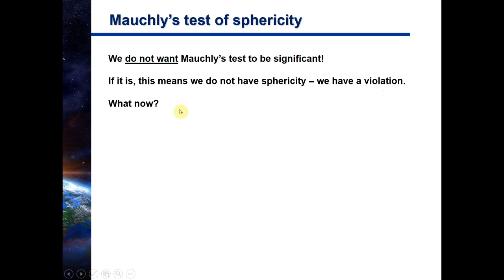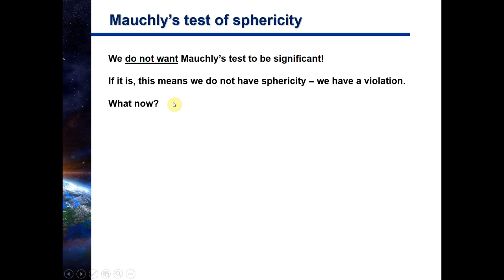So what do we do now? Well, we really want to make it a little bit more difficult for us to find a significant effect in the ANOVA. So Mauchly's is saying you do not have sphericity. And so in order to keep that risk of a type 1 error down for the ANOVA, we are going to make a correction.